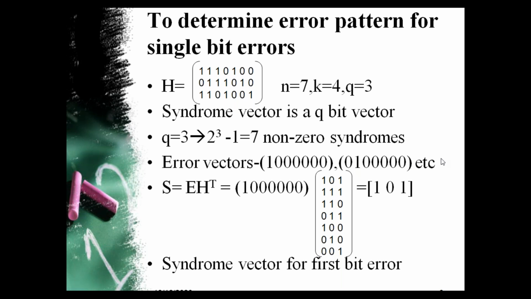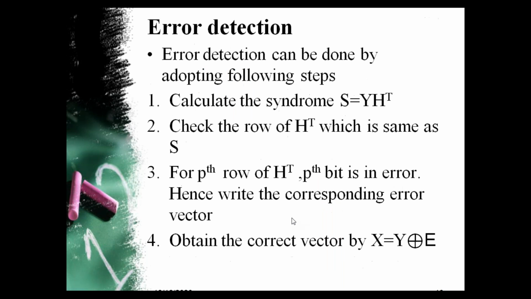Similarly, if we take the syndrome error vector corresponding to the third bit error, we get 1 1 0 as the syndrome vector.